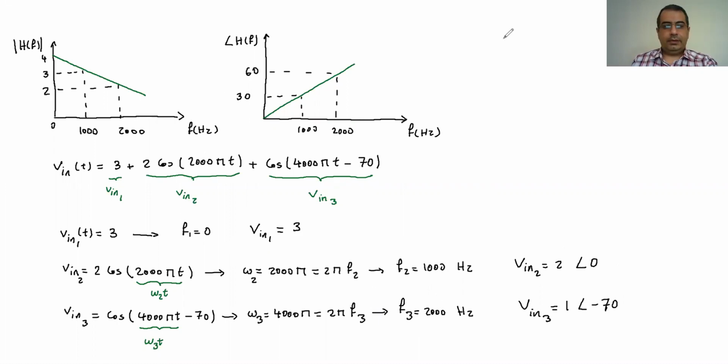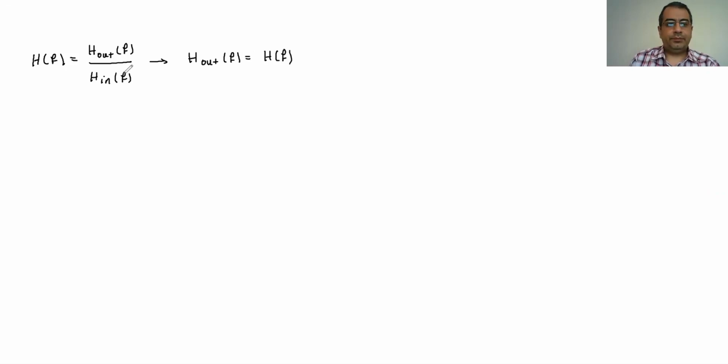So for the first one, V in 1, we know that the filter function is the V out divided by V in.